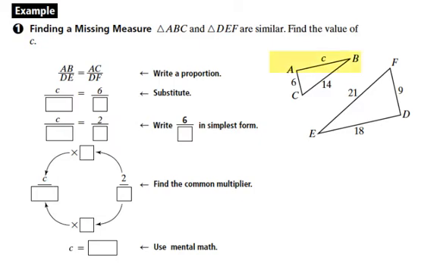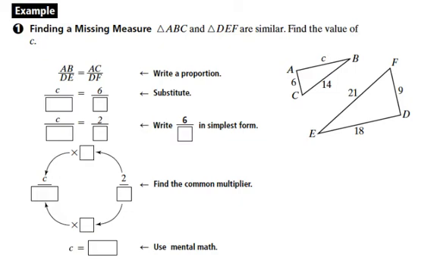Line segment AB corresponds to line segment DE, so we set those up as a ratio, AB over DE. Line segment AC corresponds to line segment DF, so we put AC over DF.